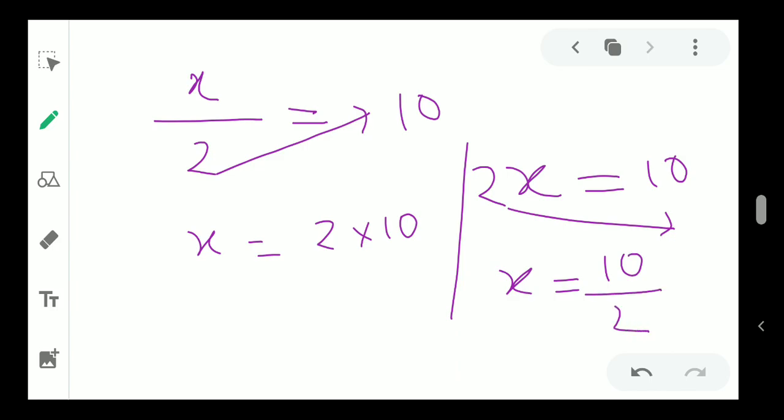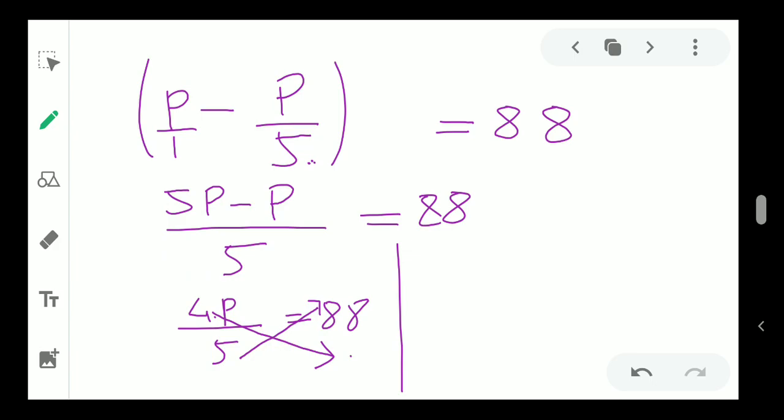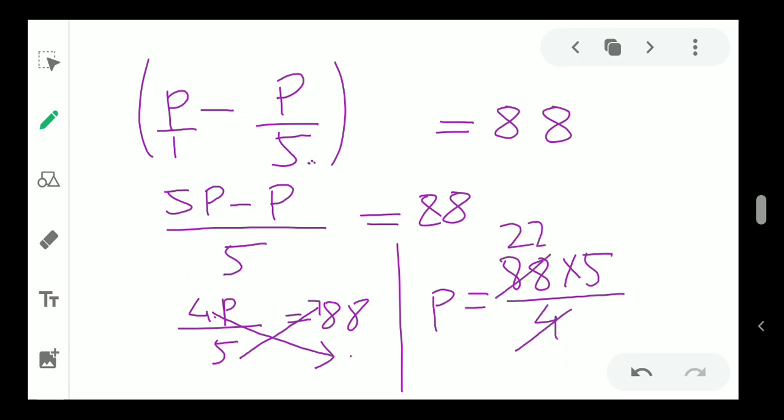So in this case the mixture is there. Okay, so 5 will go up and 4 will go down, so P will become 88 into 5 by 4. So this is done, so 22 and 22, and this will be 110.